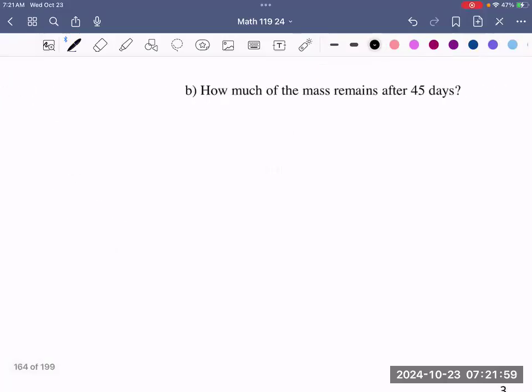Now let's see how much mass will remain after 45 days. Well, this just says t is equal to 45. So therefore, m of 45, we'll punch that into your equation. We'll get about 6.619 kilograms out.